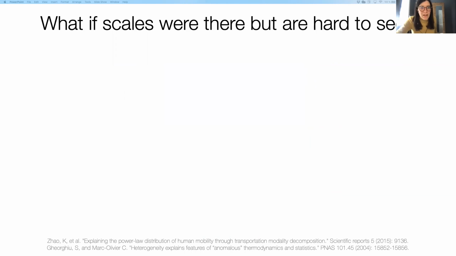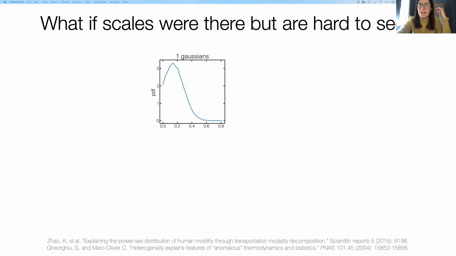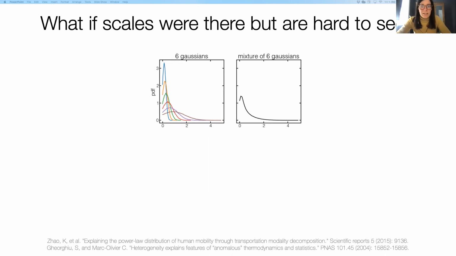And in fact, from an analytical perspective, one can show that, say we have a given distribution with a characteristic scale, such as a Gaussian distribution. A Gaussian distribution is very well behaved, has a characteristic mean and standard deviation. Now, let's say we have 6 Gaussian distributions, and let's look at the mixture of these distributions. Let's look at the joint probability of these distributions together.